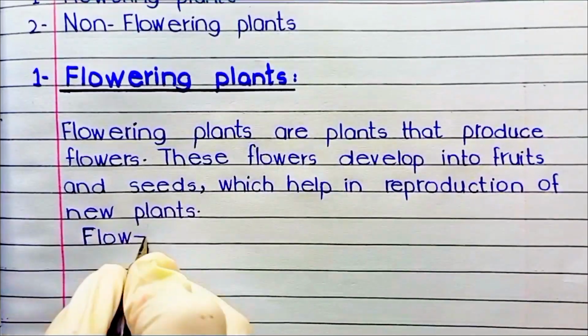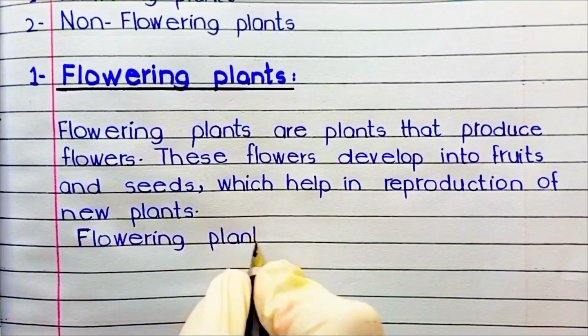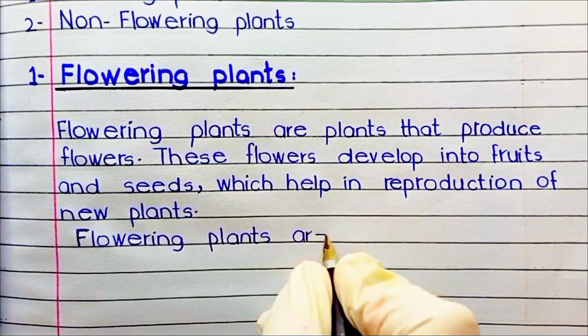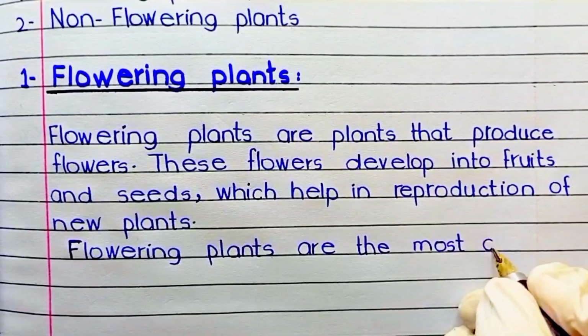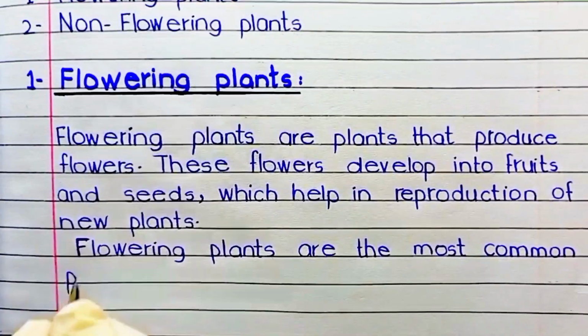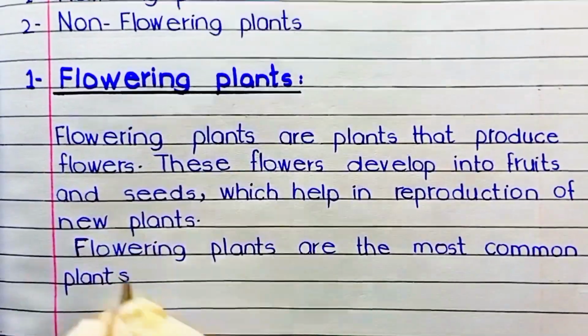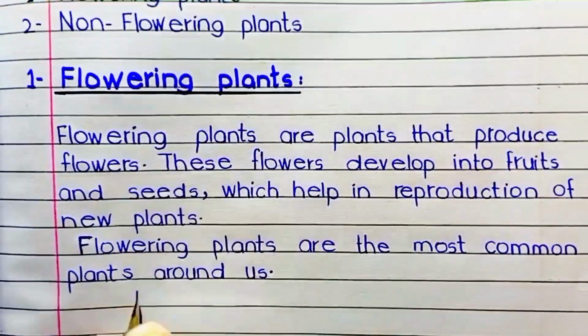Flowering plants are the most common plants around us.